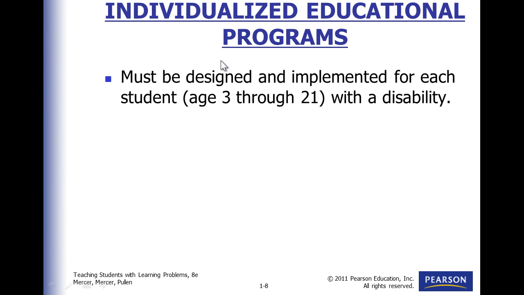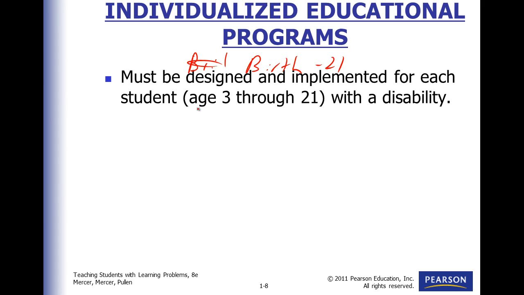Okay. Now, let's look at this IEP. It must be signed and implemented for each student 3 to 21 with a disability. What? I thought it was birth to 21. Anyone?